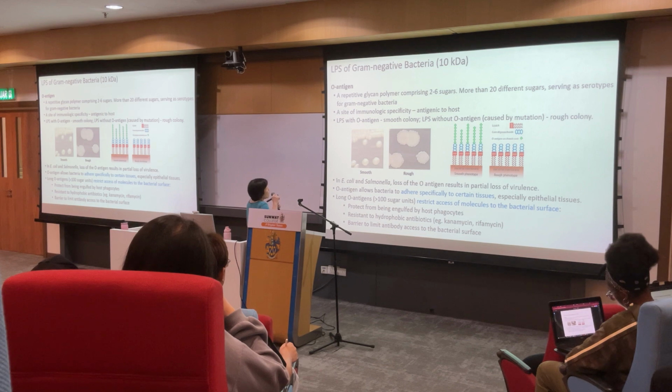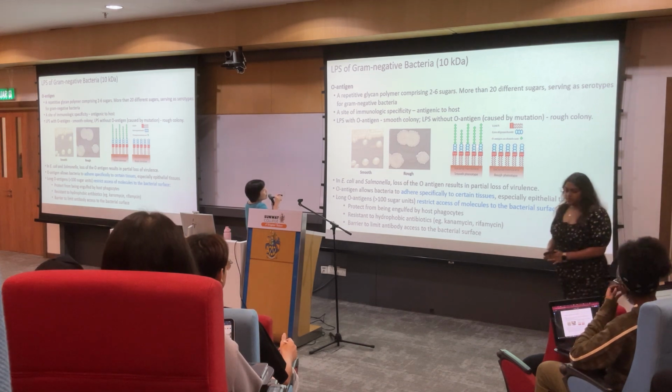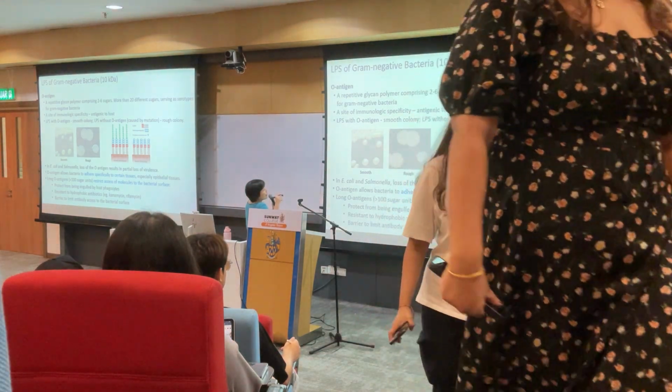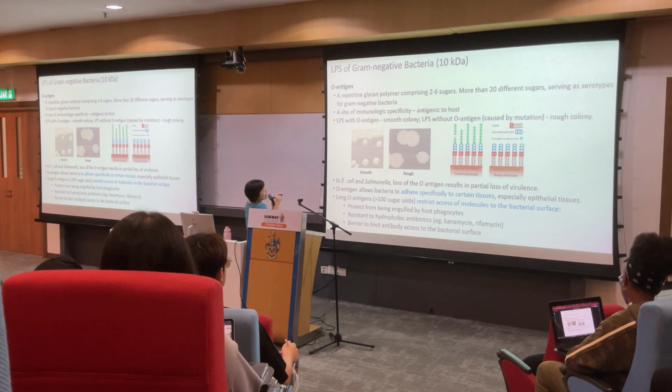And what's interesting is that, let's say you have a mutant and the wild type. This is the membrane, and you can see this is the LPS. Let's say this is lipid A, this is the core, and this is the O antigen.